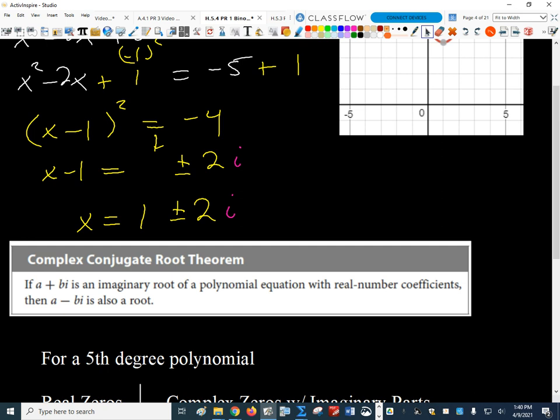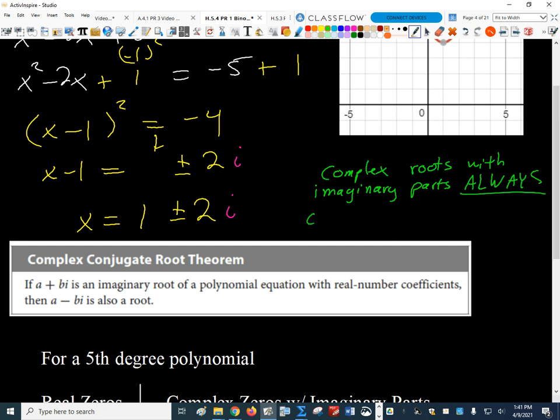So in other words, another way to say this that I think is even better is to say that complex roots with imaginary parts always come in complex conjugate pairs. Every time. They always come in complex conjugate pairs.